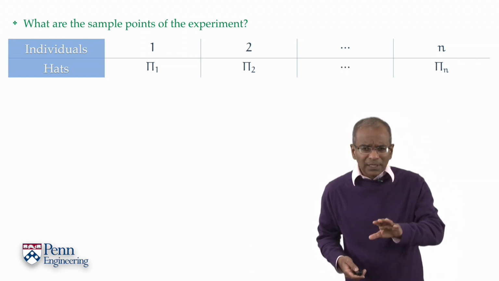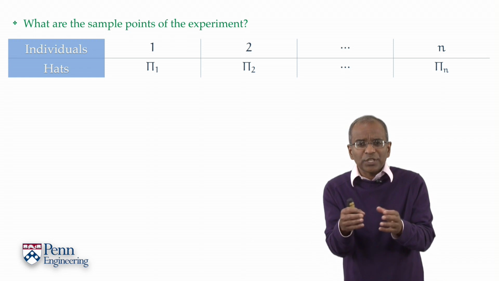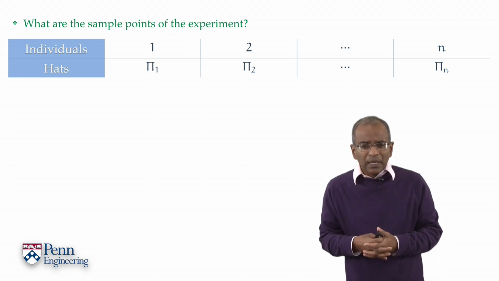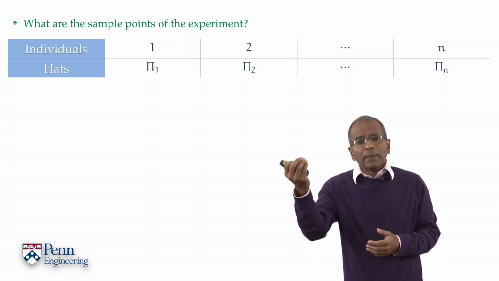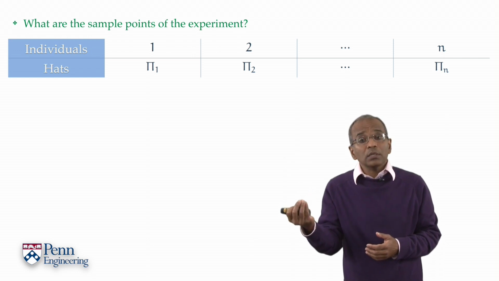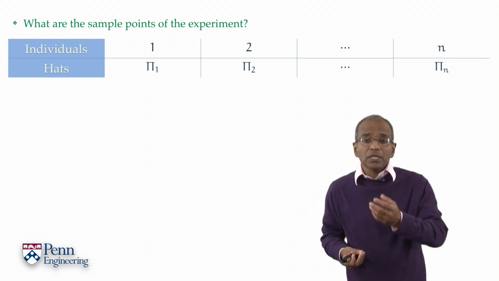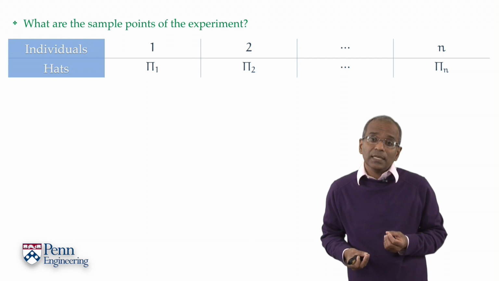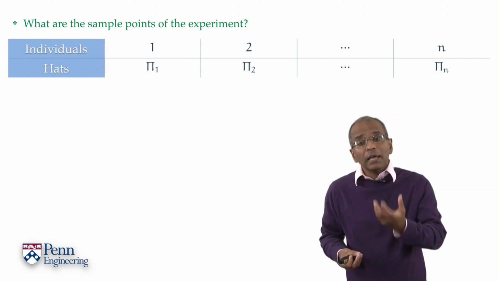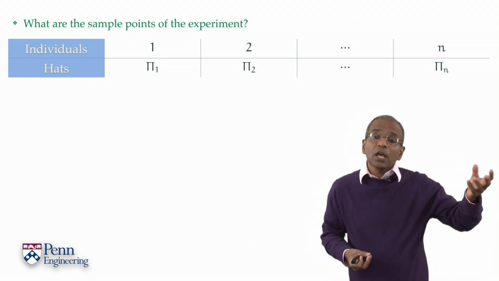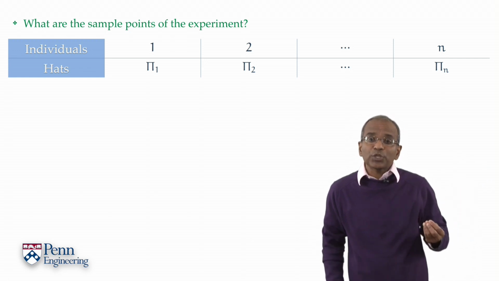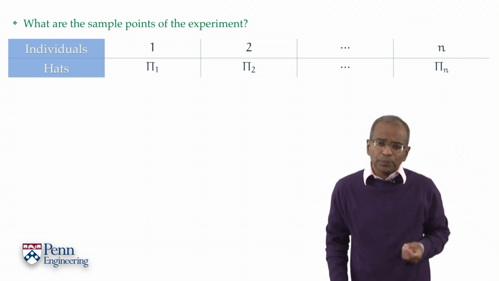Why pi? I'll come to that in a moment, why I chose this particular nomenclature. So the first person could perhaps get the third hat, in which case pi 1 stands for 3. The second person perhaps got the 11th hat, in which case pi 2 is 11. And perhaps the last person got the second hat, in which case pi n is 2.